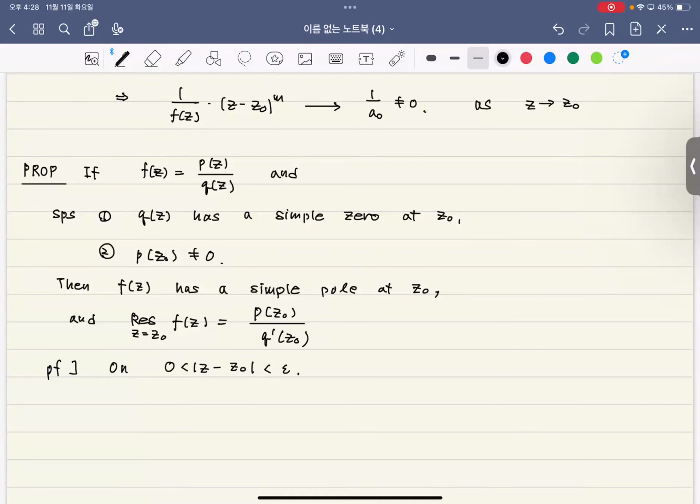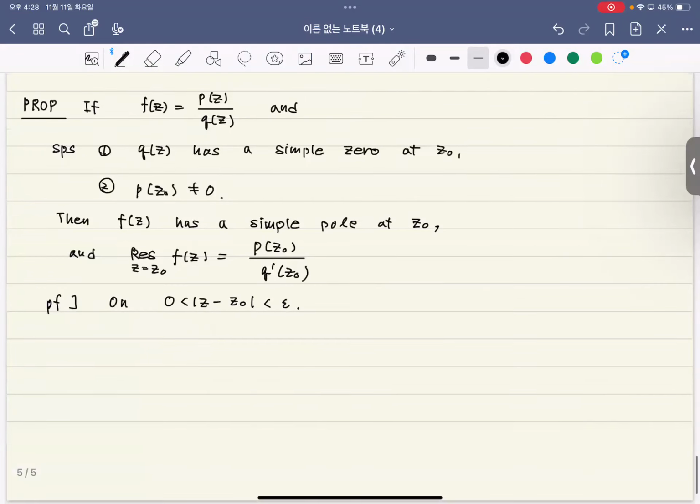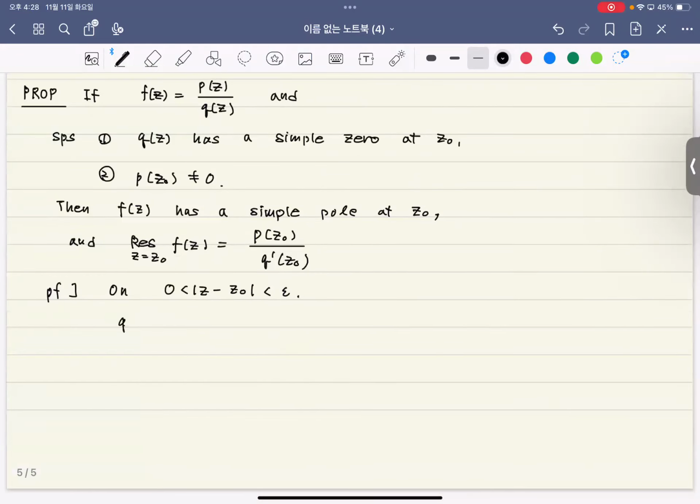Well, okay, we consider a small annulus, and we are assuming that q of z has a zero of order 1. So q of z equals a1 times z minus z0, plus a2 times z minus z0 squared, and so on.